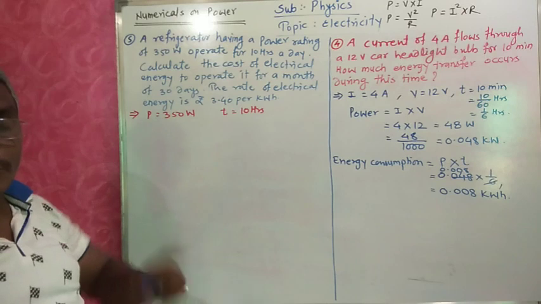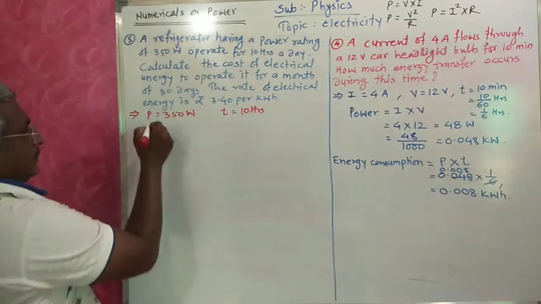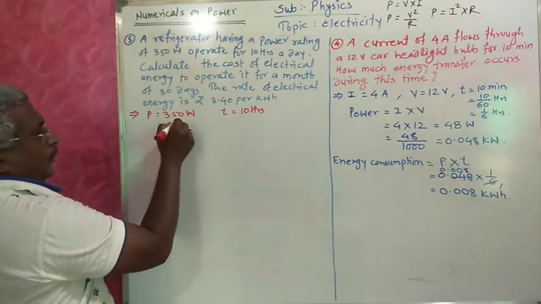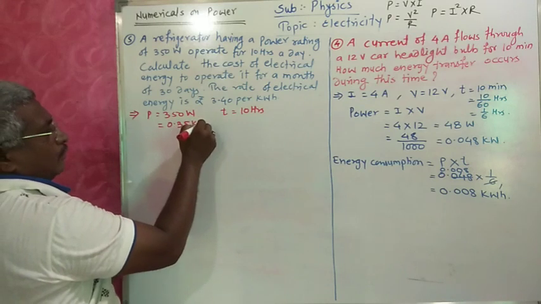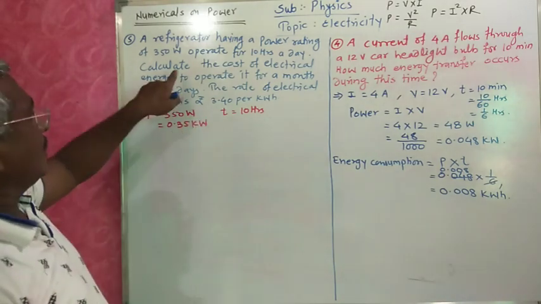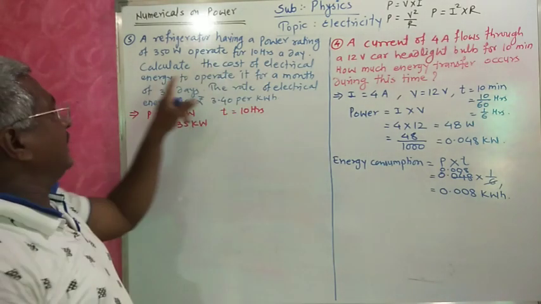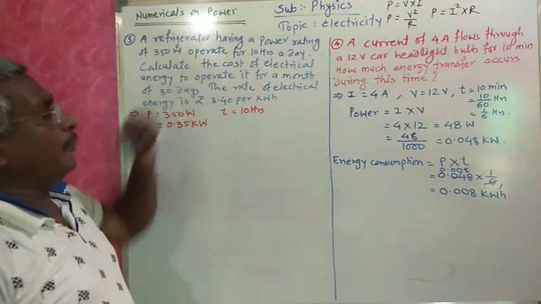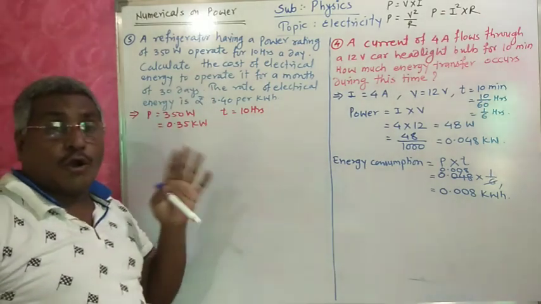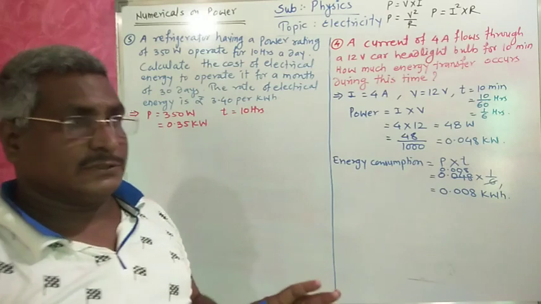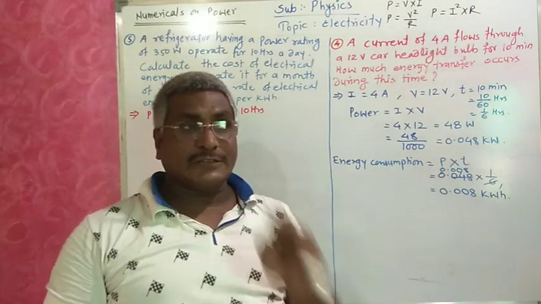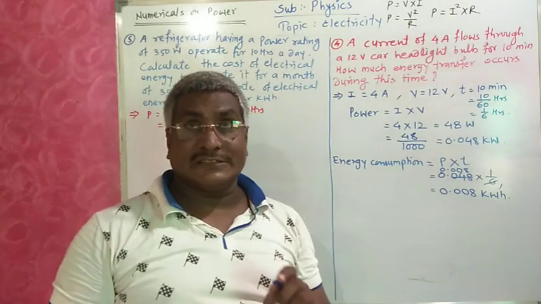It means power has to be converted into kilowatt. So we get 0.35 kilowatt. Calculate the cost of electrical energy to operate. So for the cost of consumption, first we have to find the energy consumption.